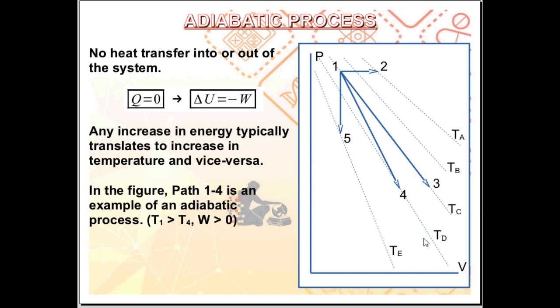Tc is greater than Td, so T1 is greater than T4. There is work done. W is greater than 0. The system performs work, which results in energy loss of the system, further resulting in a decrease in the temperature of the system from higher temperature T1 to lower temperature T4.